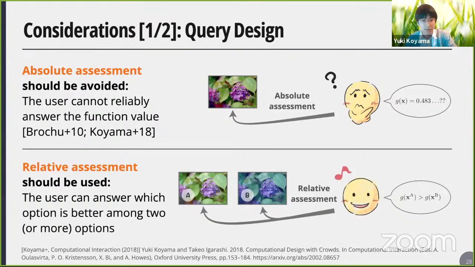Instead, we can use relative assessment. The user can stably answer which option is better among two or possibly more options. For example, if there are options A and B, and the user chooses A, in that case, we can obtain relative information that the objective value for A is larger than B. So this is the first consideration that we need to care about.